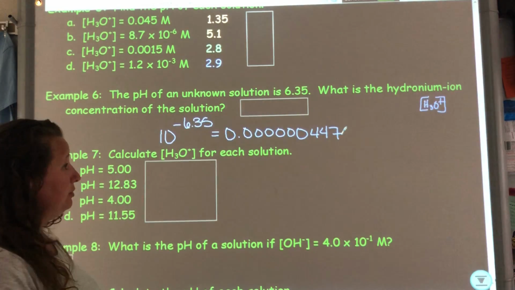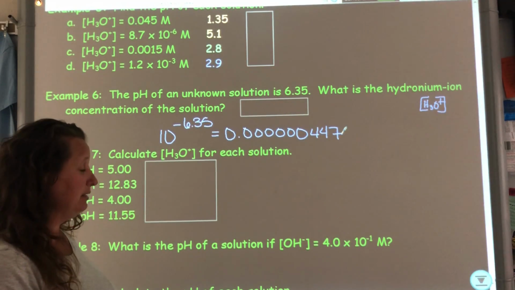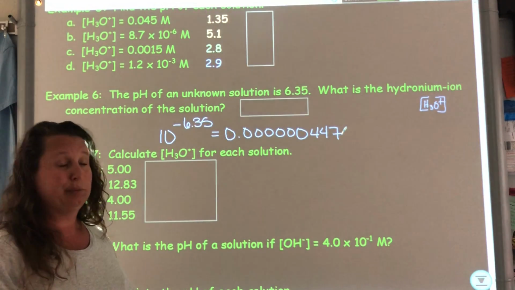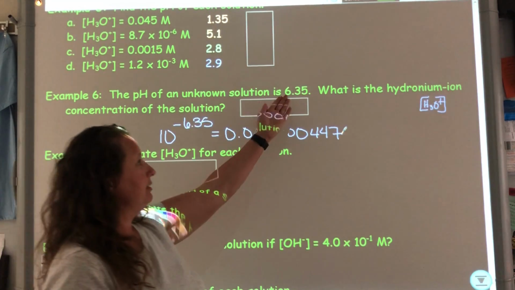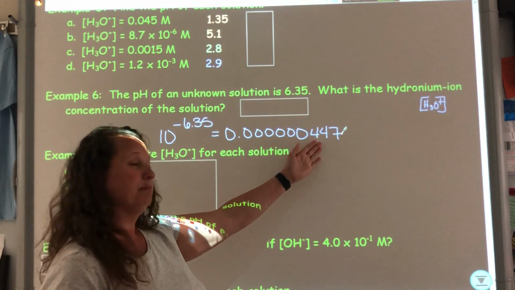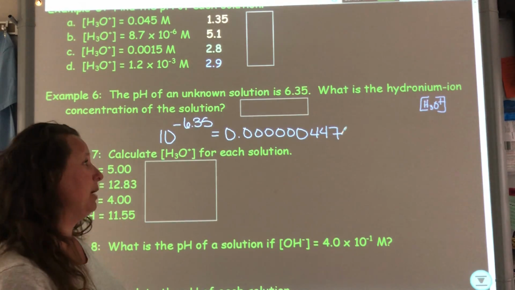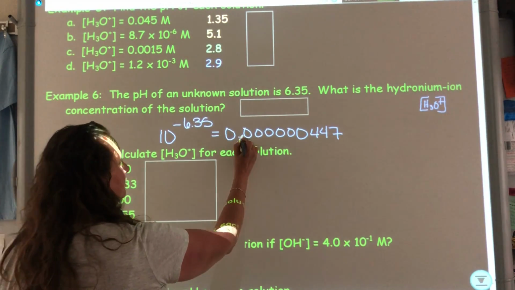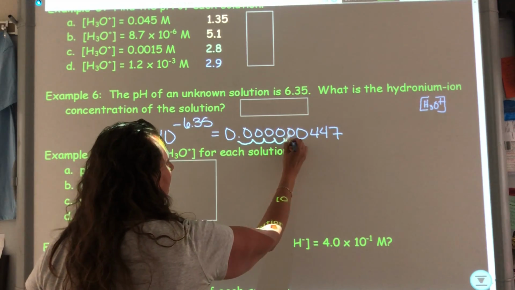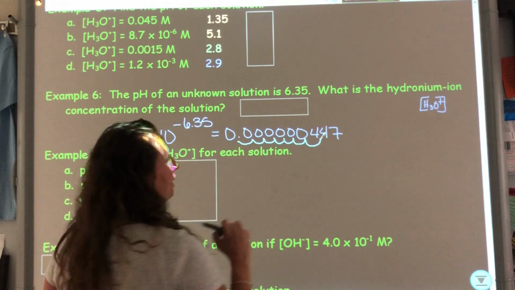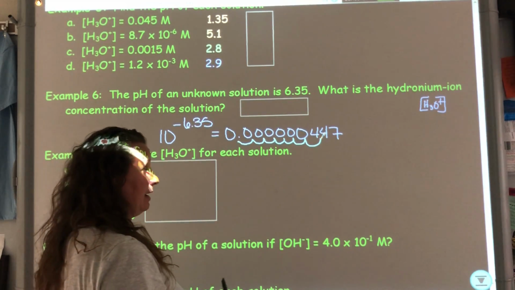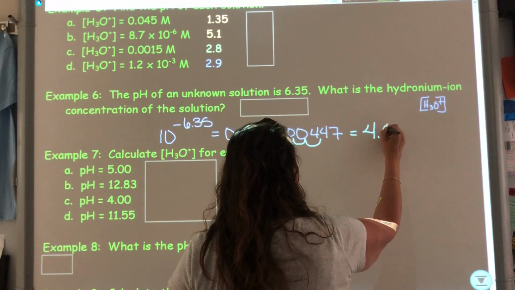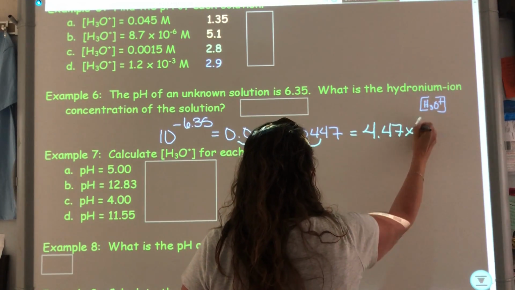So I want to actually put that into scientific notation and again, round it to the correct number of significant figures. This number has 3 sig figs. Okay, this one so far has 3 sig figs as well. When we move the decimal place, I'm going to move it 7 times to the right. So this now becomes 4.47 times 10.